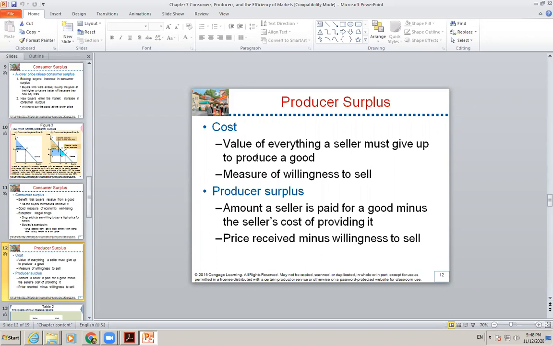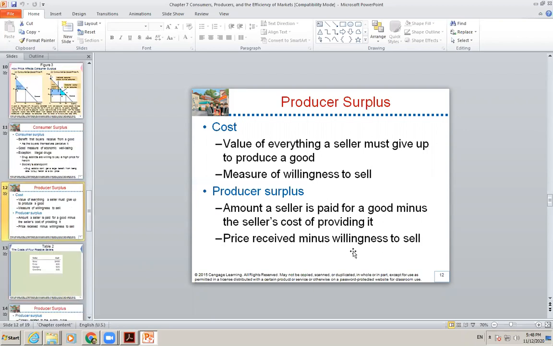The amount the seller receives for a good minus the seller's cost of providing it, so price received minus willingness to sell, is the producer surplus. And this producer surplus is closely related to the supply curve.